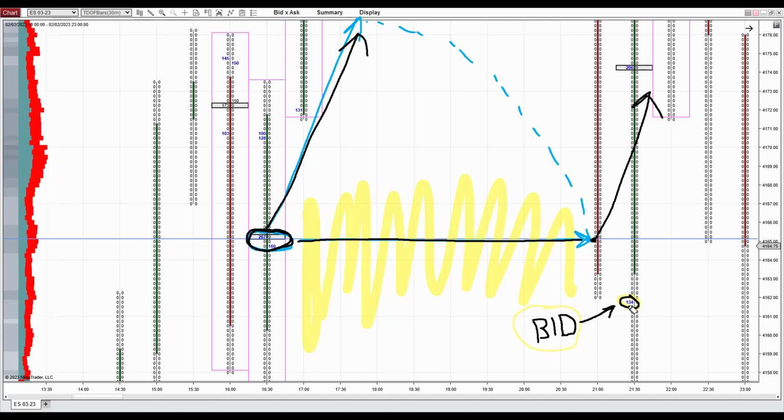Now this can get confusing for many people, because on bid we can have either passive buyers or aggressive sellers, right? But in this case, when you read the market, it is more likely that those were passive buyers waiting with a limit order here. And the reason is that there was this support, right?